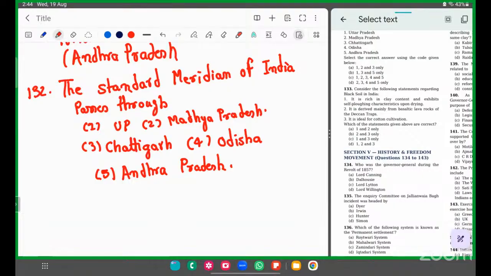Going by the option 133: consider the following statements regarding black soil in India. So first, let us know about the features of black soil.